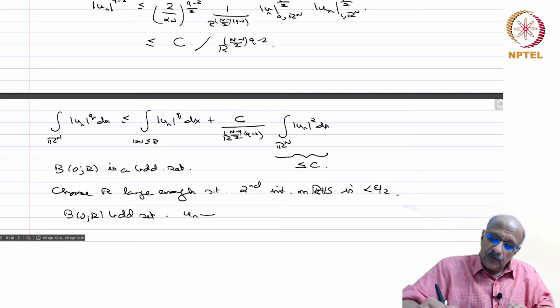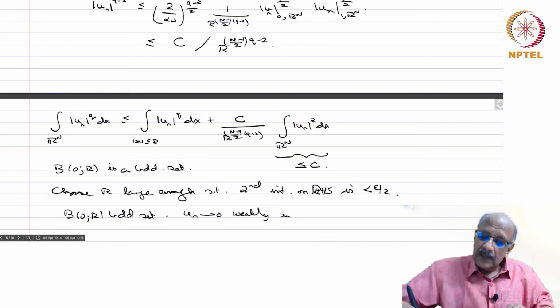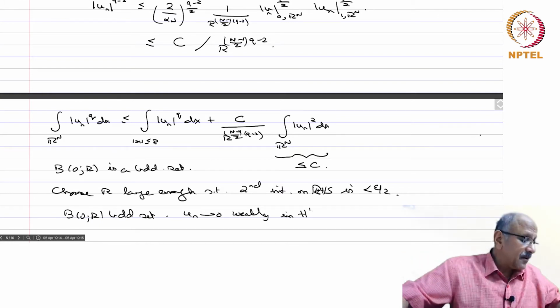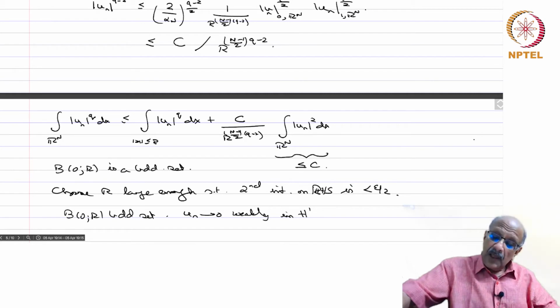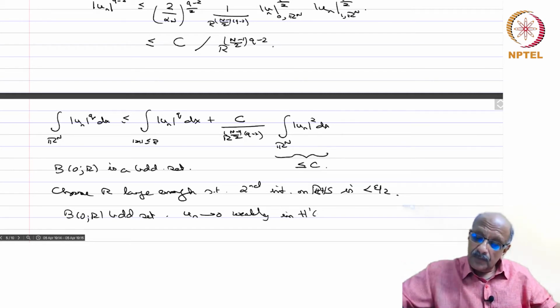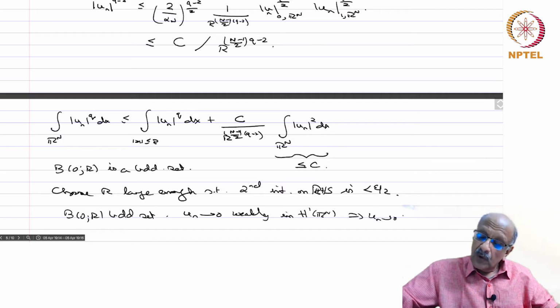So un goes to 0 weakly in H1 of Rn, that's what is given, and therefore it implies un goes to 0 weakly in H1 of B0R also.